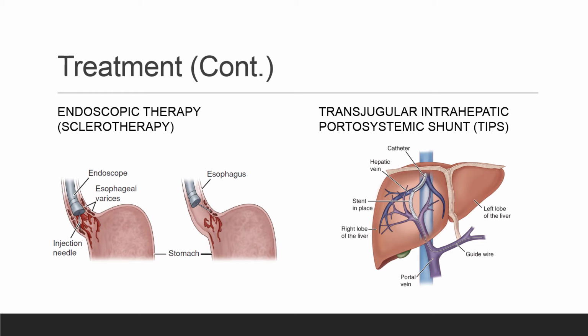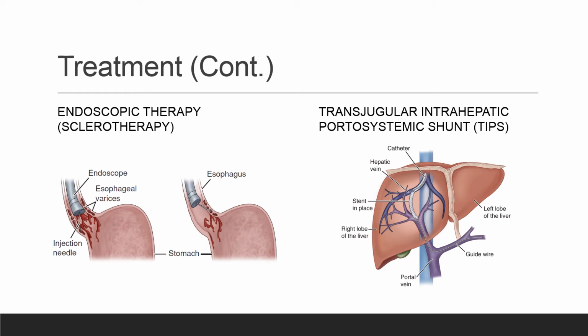An expandable stent is placed to form an intrahepatic shunt between the hepatic circulation and the hepatic vein. This rapidly reduces the portal hypertension, so it decreases the pressure, and as a result, it decreases the hemorrhage. This can also be used to treat ascites.